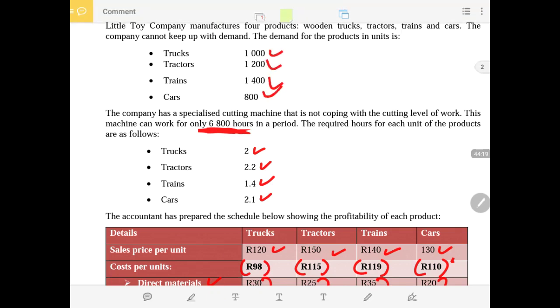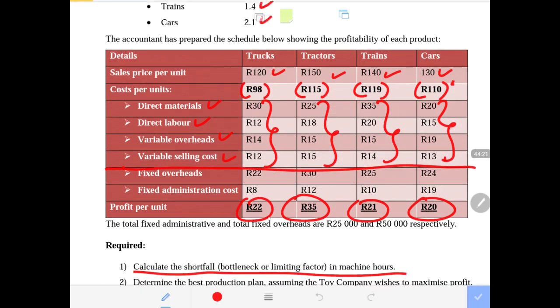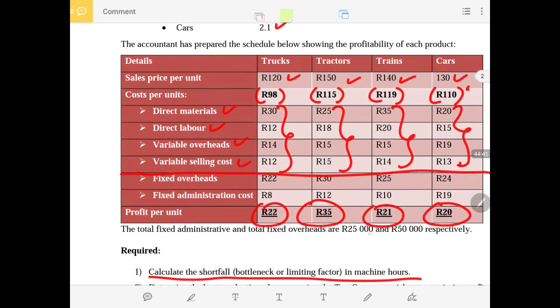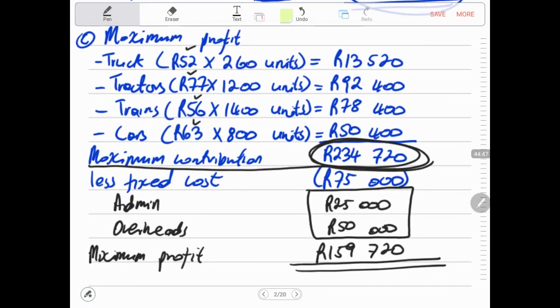So now when we take the profit of 22 and 35 and 21 and 20, we multiply by the given units, or the unit that we calculated based on the limiting factor. I don't think that will give us exactly the same amount. But you can do that test at your time if you want, just to prove if you multiply by the 22 rand, 35, 21 and 20, if it gives you the same maximum profit, but I don't think it will be so.